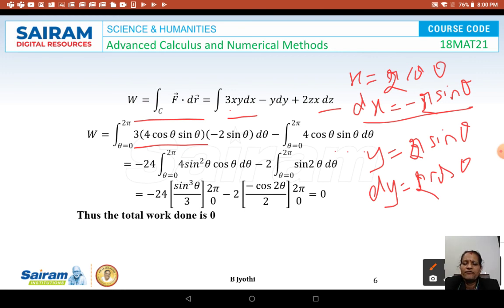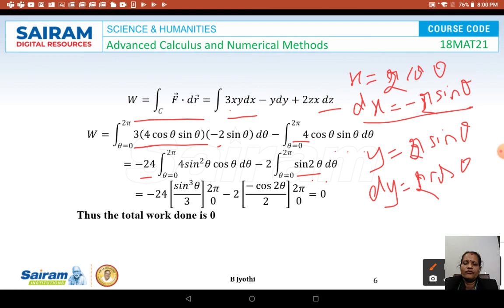So when I simplify this, what we will be getting is 3 into 4 into 2, it will be 24, which has been taken outside, and here minus 24 and 4 will be this as it is, that is 4 sin square theta cos theta into d theta, minus 2 times sin 2 theta. This 2 we will take out, and 2 sin theta cos theta can be written as sin 2 theta.